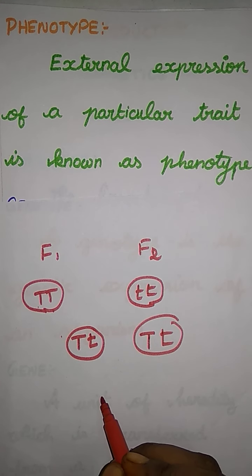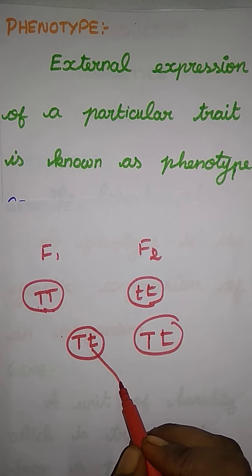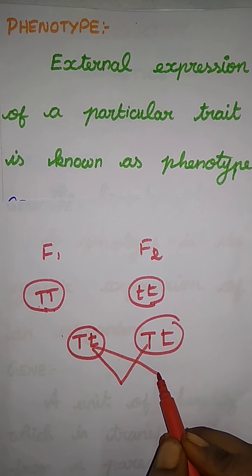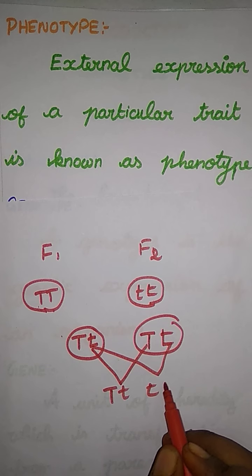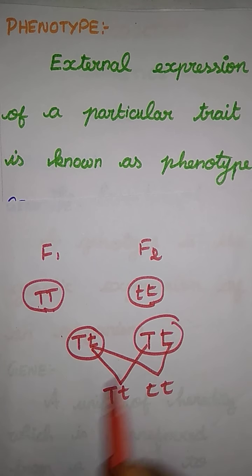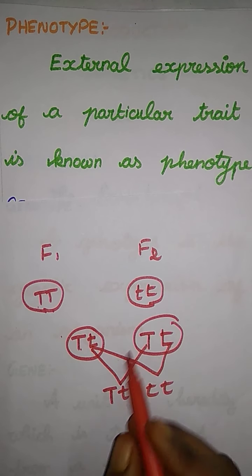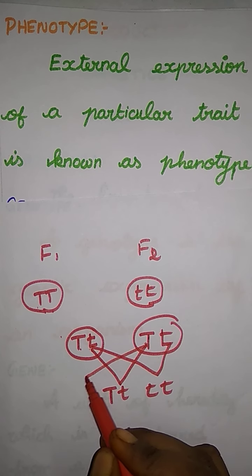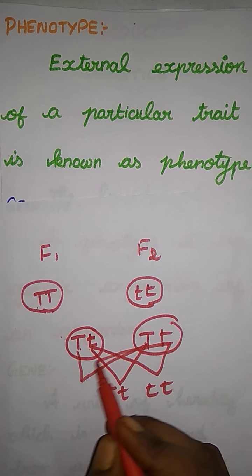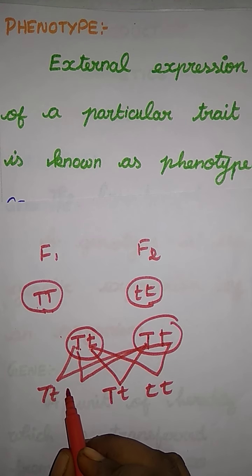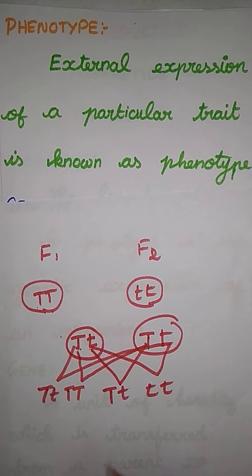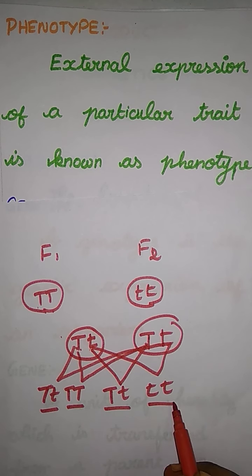Now we cross between these two different characters. What do we get finally? One tall, one dwarf. Same here: tall and dwarf. Now you have to write a ratio for the tall plants and short plants.